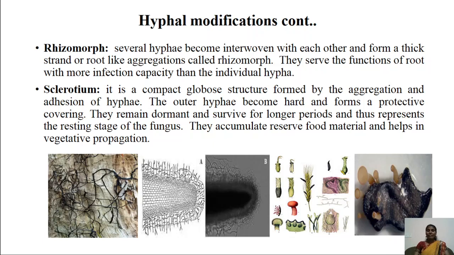So they survive for longer periods, and thus it represents the resting stage of the fungus. They accumulate reserve food materials and generally help in vegetative propagation. They act as vegetative propagule units. On return of favorable conditions, the sclerotium germinates to produce new hyphal cells.